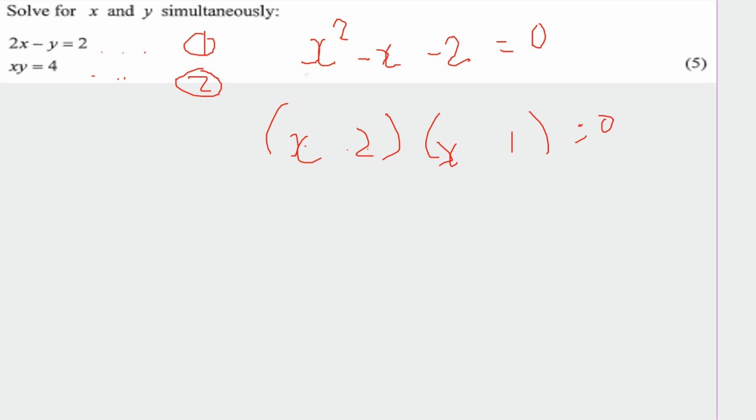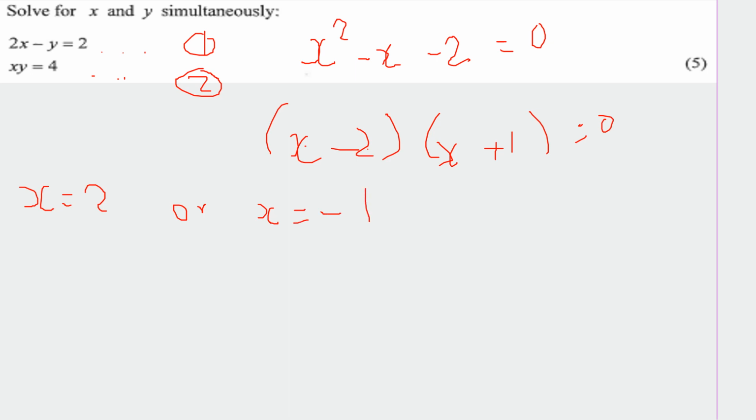So you check the sign of the middle one and then you give it the bigger number. Then you apply your zero factor law. Then your x will be what? Your x will be a positive 2, or your x will be a negative 1.